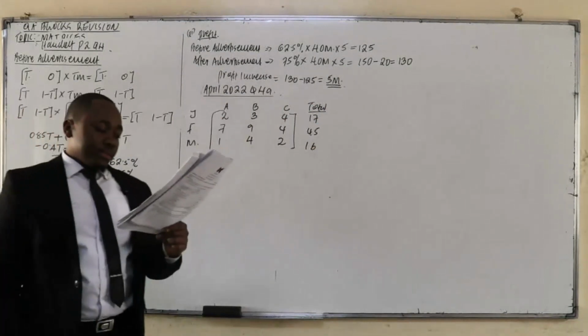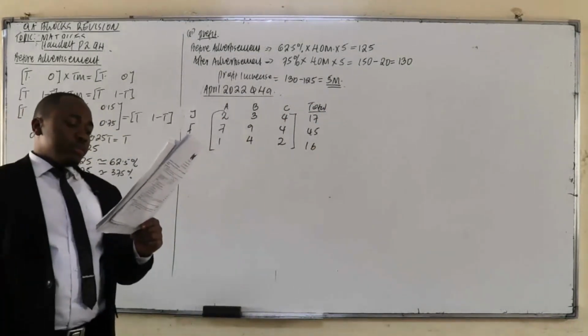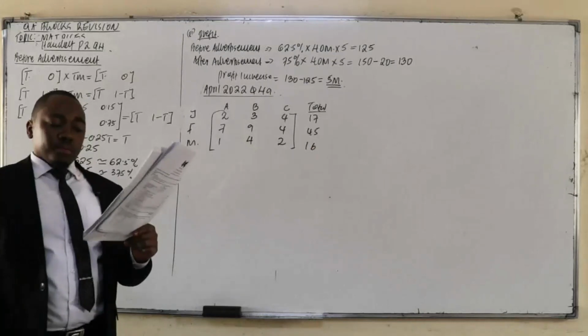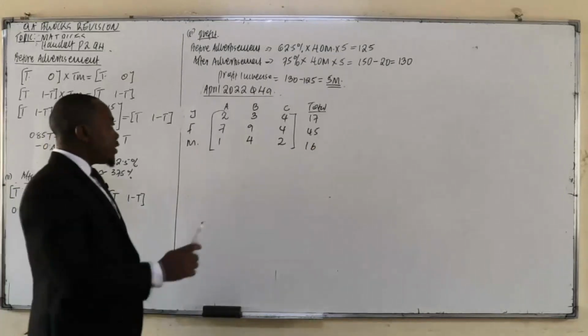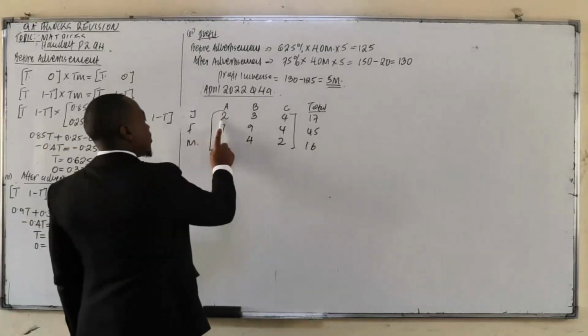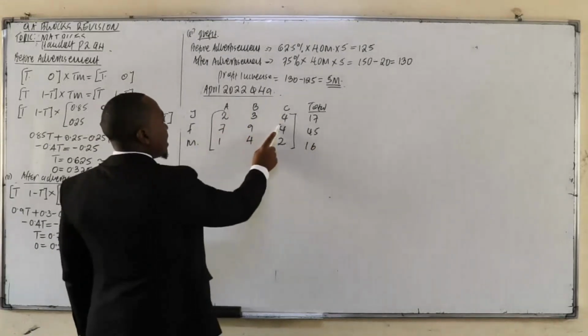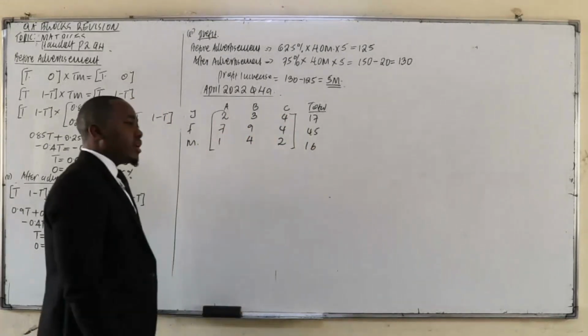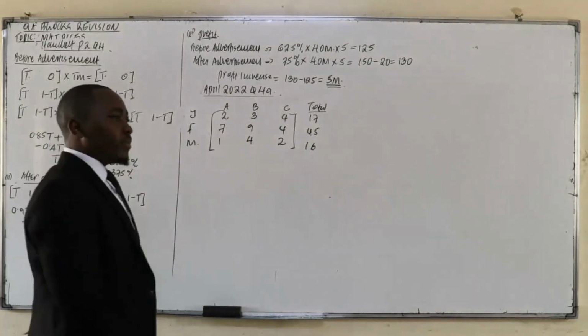Now the question is the total number of each product produced and sold, using matrix. If each unit of A in January had a profit of 2, B 3, and C 4, and the total profit for the month was 17 million, how many units did we sell to get that profit?